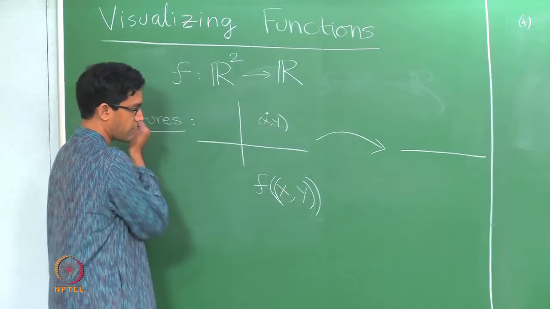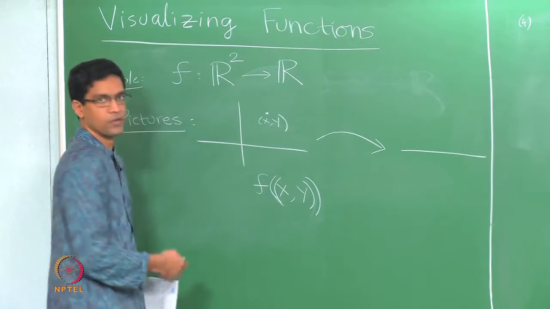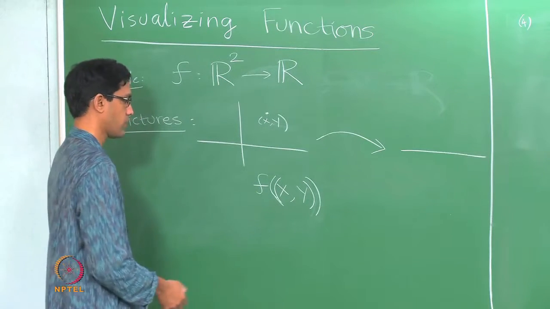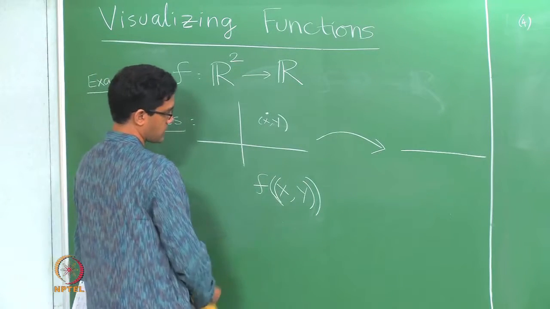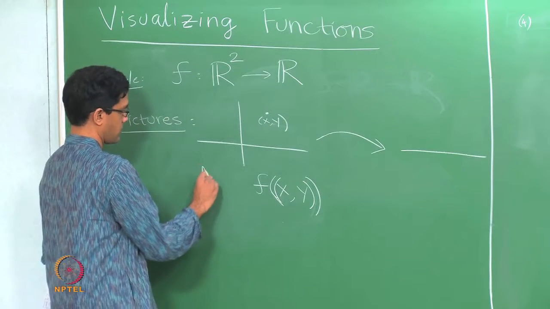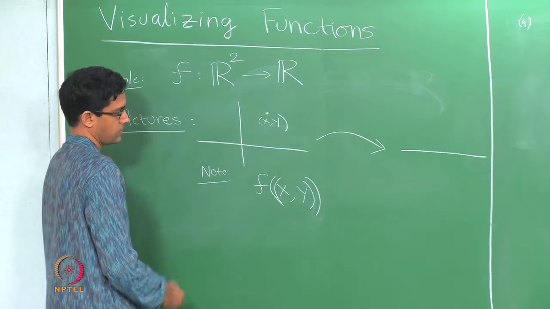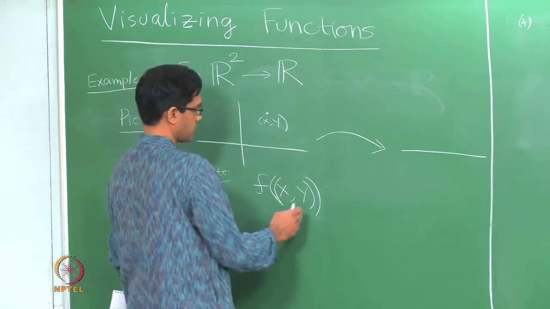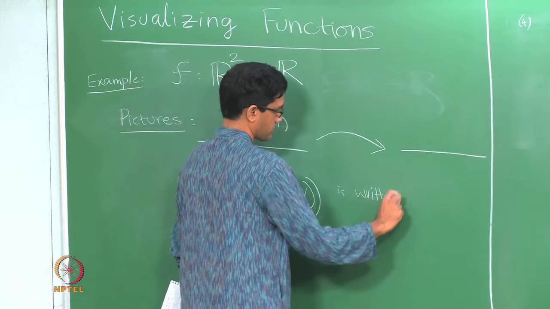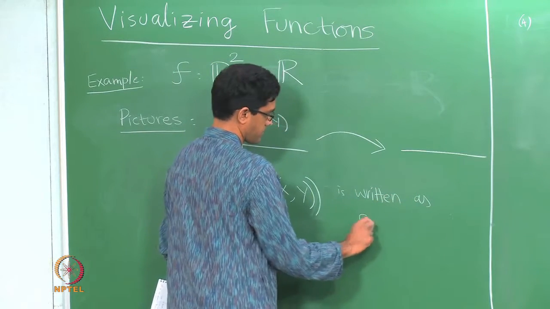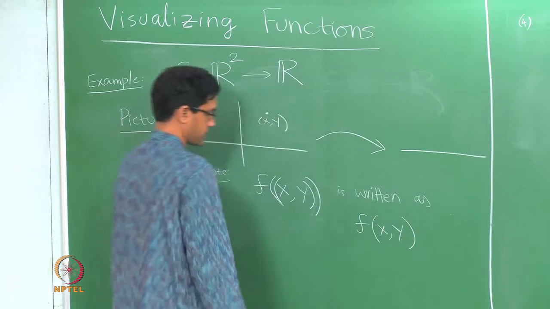This is probably how you should denote it if you want it to be absolutely proper, but there are too many brackets here, and we often just write this as the function acting on the pair x comma y.